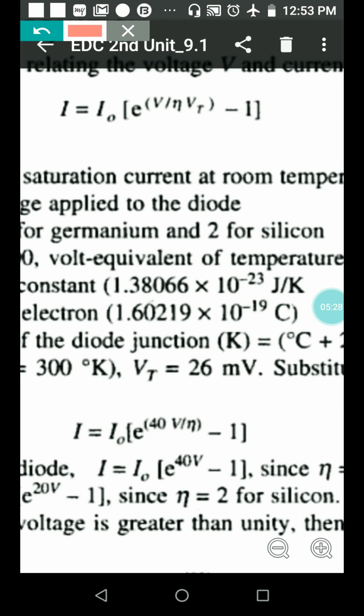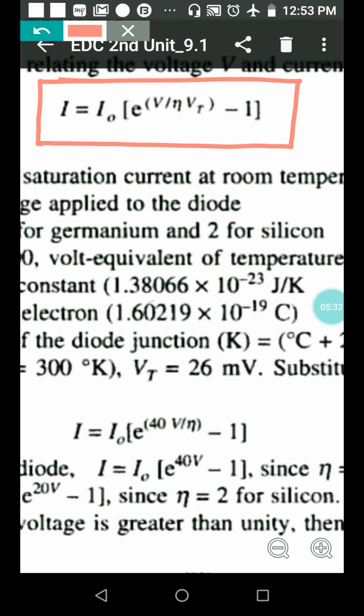Read here, very important. We can solve many problems by using this diode current equation. What is the diode current equation? I is equal to I naught times e to the power of V by eta VT, minus 1. This is the diode current equation, which is the relation between current and voltage.